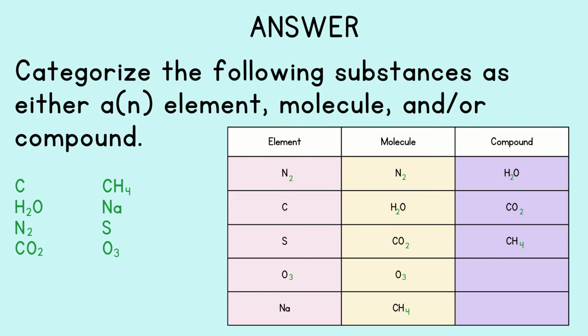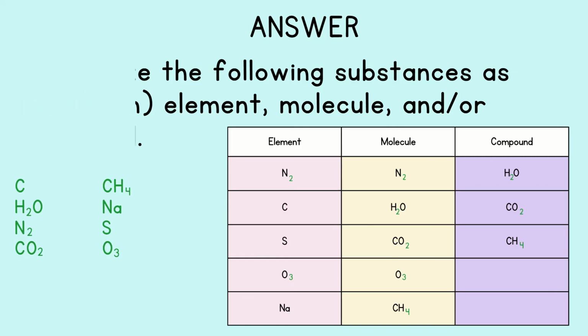So here goes. On the element, we have N2, CS, O3, and Na. On the molecule, we have N2, H2O, CO2, O3, and CH4. On the compound, we have H2O, CO2, and CH4. I hope you got everything correct.